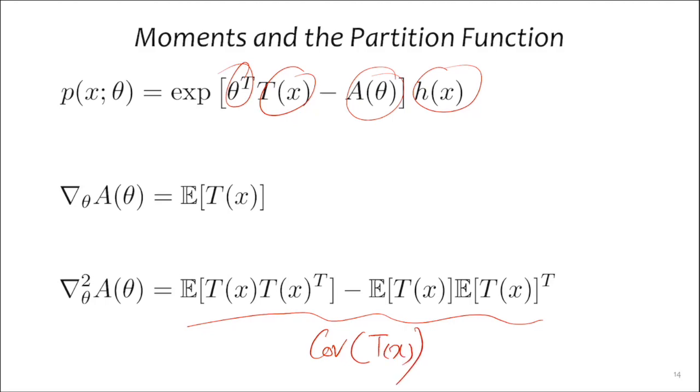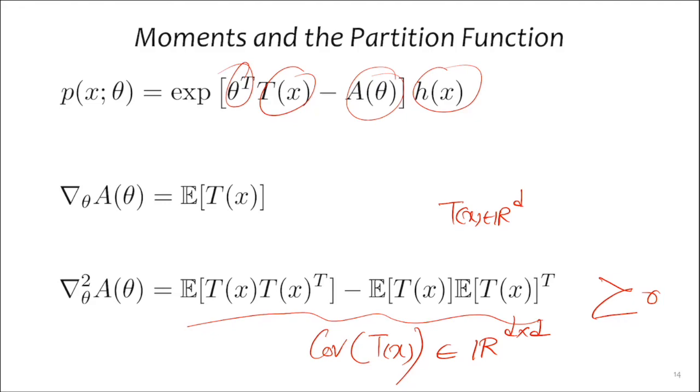What are the properties of the covariance? It's a matrix, right? So if T(x) is d-dimensional, this is going to be a d by d matrix. What are the properties of it? Positive definite? Right. Okay, and we show it as positive semi-definite.